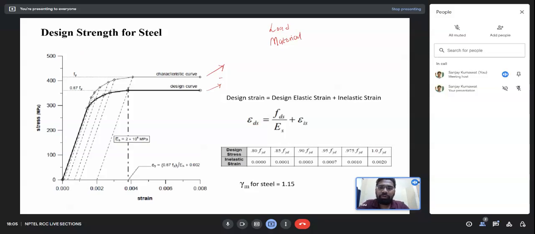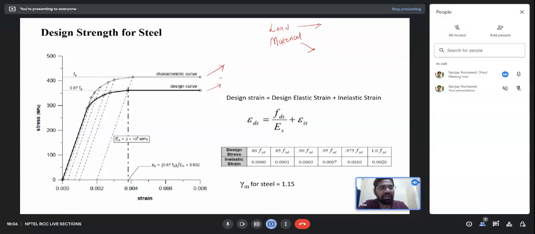To the load we apply a partial factor of safety which is multiplied to the characteristic load, and the material provides us with strength.